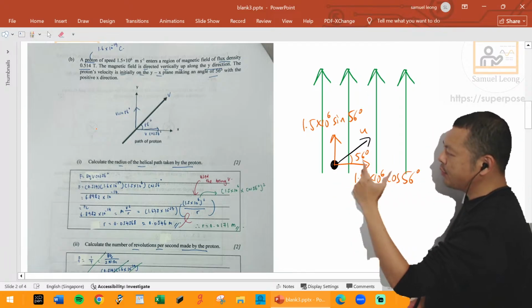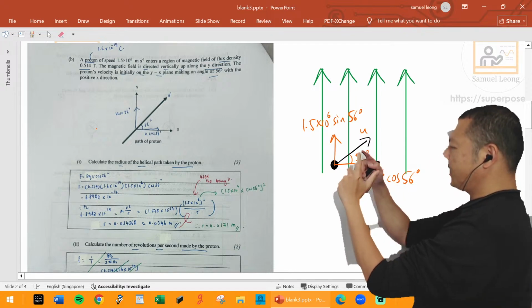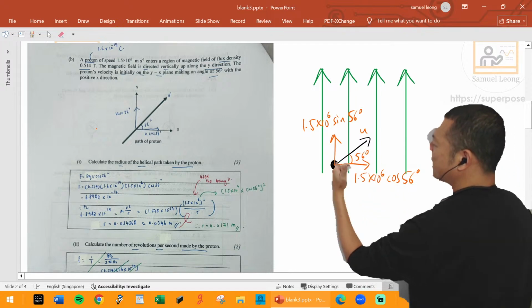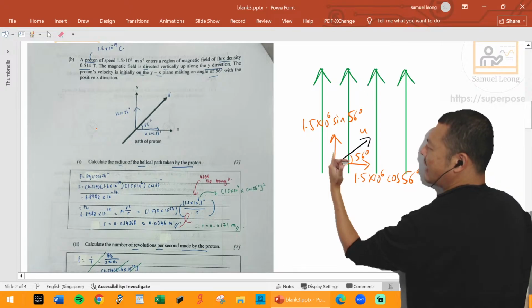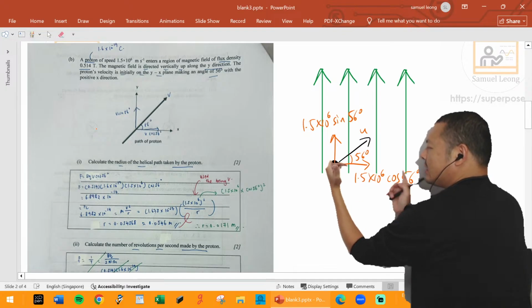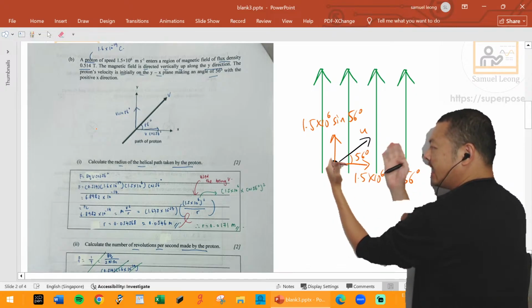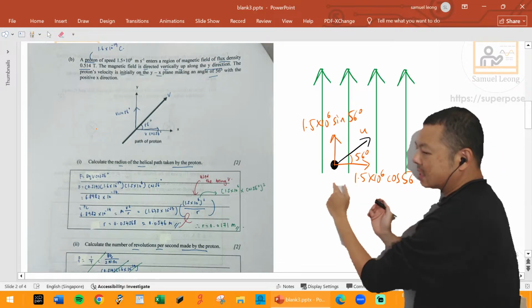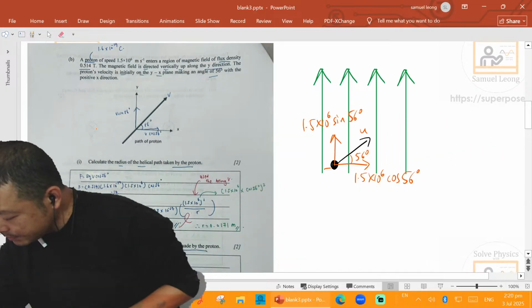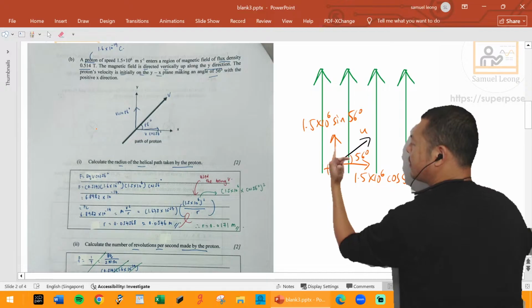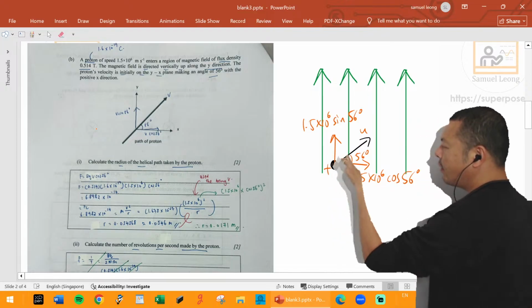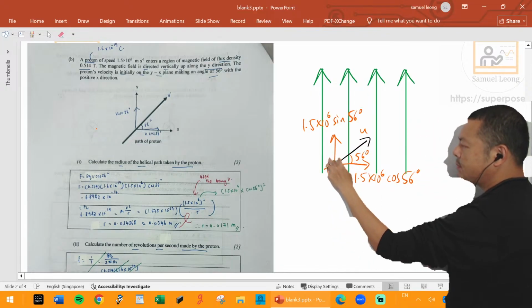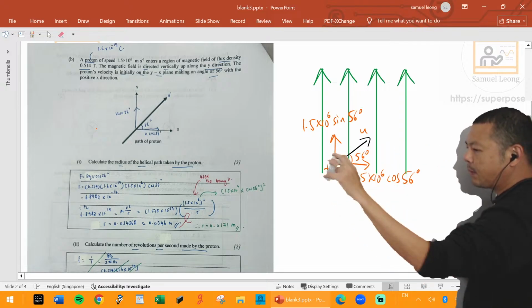If you use your left hand rule, force field current, you would basically have field pointing up, current pointing to the right, not diagonally, pointing to the right, because we resolved it already. Since this is a positively charged particle, left hand rule pointing to the right, therefore this particle is going to experience a circular motion in this plane.